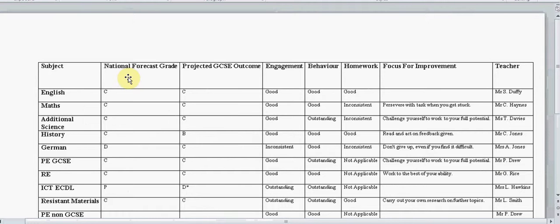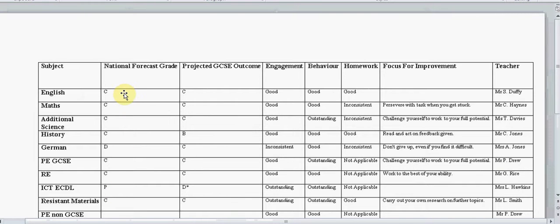So when students took those SAT tests at Key Stage 2 at the end of primary school, that information is forwarded to the DfE, and they give that information to the Fisher Family Trust, who analyse that data, and from that data they are able to come up with the national expectation for individual students. So for the student we're looking at the moment, nationally we would expect to get a C in these subjects, a D in German and a pass in ICT.